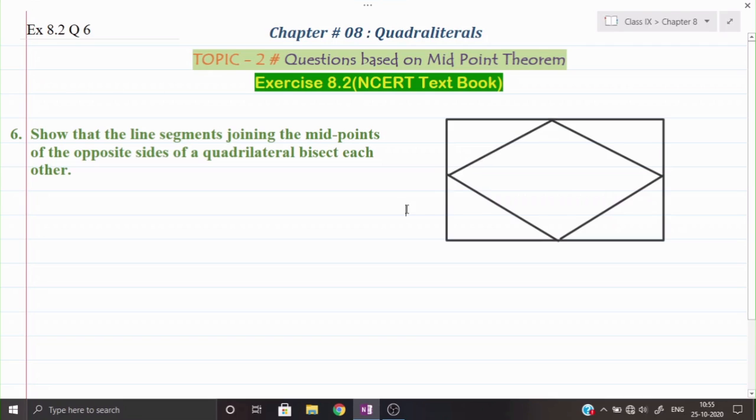Okay, so basically see what they are saying. We are given a quadrilateral. Suppose I name this quadrilateral A, B, C and D. Remember, it is not a rectangle, it is a quadrilateral.